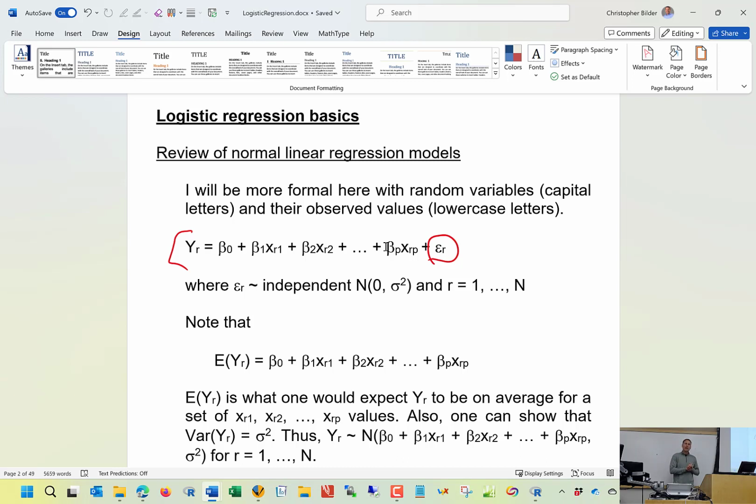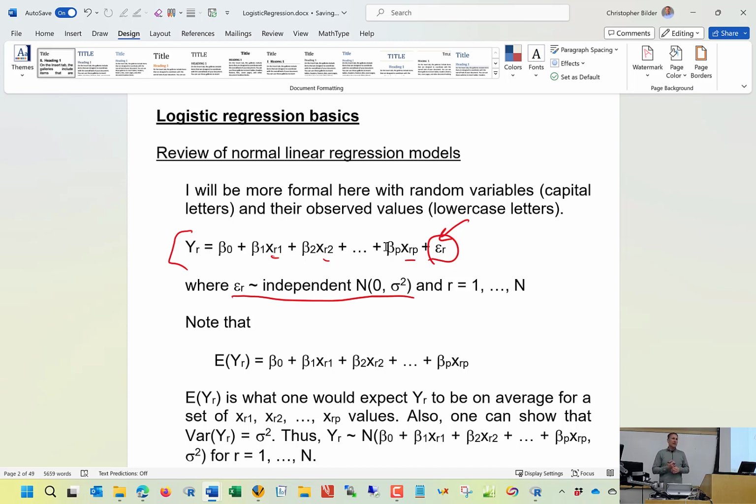What this error term is basically saying is that, okay, if I knew x1, if I knew x2, if I knew xp, I'm probably not going to still be able to perfectly predict what y is. So I'm going to have some error left over. We're just going to put all kinds of possible errors that can exist into something that we call epsilon, and we're going to say it's actually a random variable, where it comes from a normal distribution.